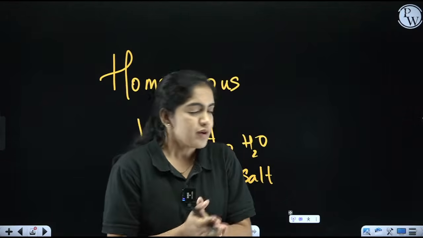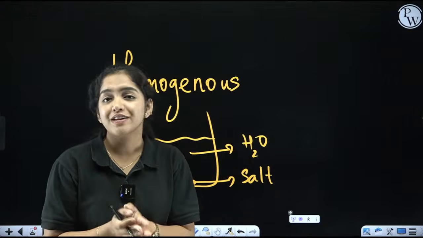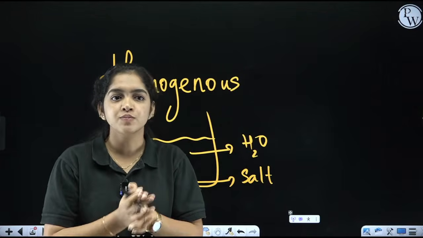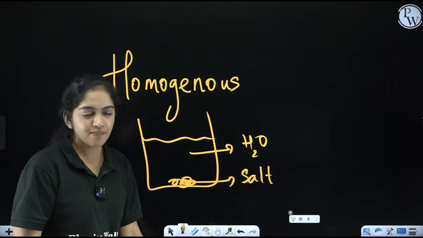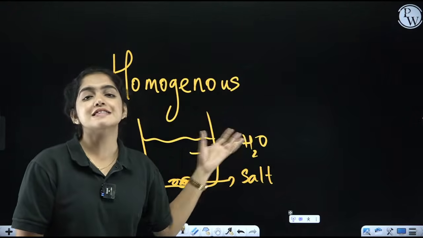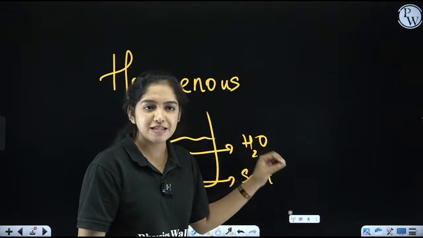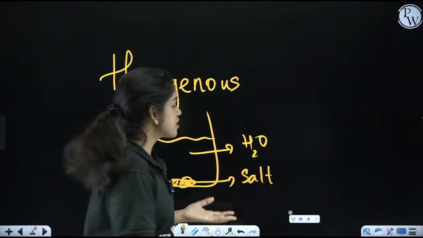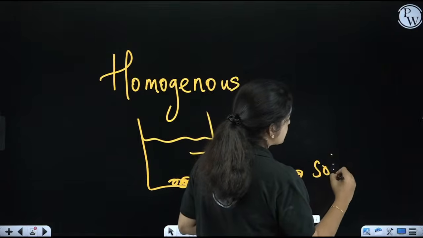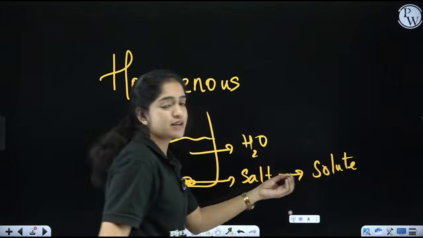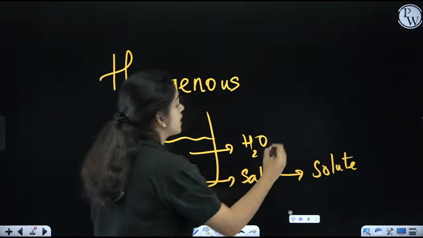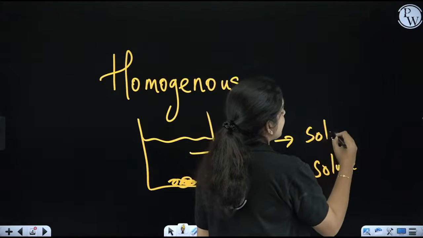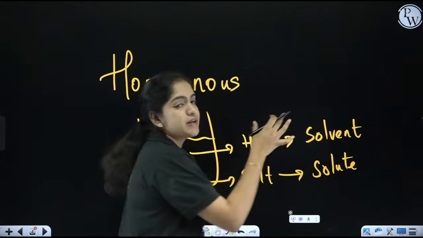Before that, we should learn two terms that we learned in class 9. You remember the terms solute and solvent. For example, here I mixed salt and water, right? The substance which is present in lesser or smaller quantity is known as the solute, and the substance present in greater quantity is known as the solvent.